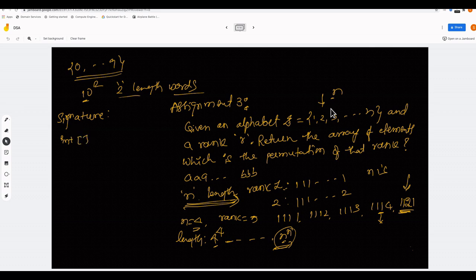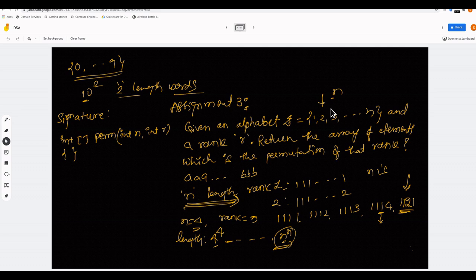I don't know the C syntax, I think it gives an integer pointer to the array, but please check your syntax. It returns an integer array, let's call it permutation, for a given rank. You would be given int n and int r. That is your function.